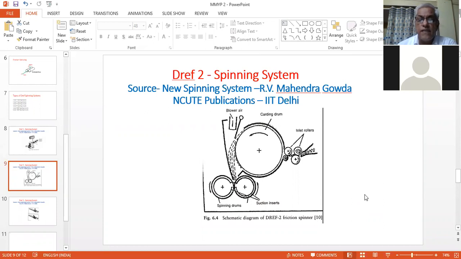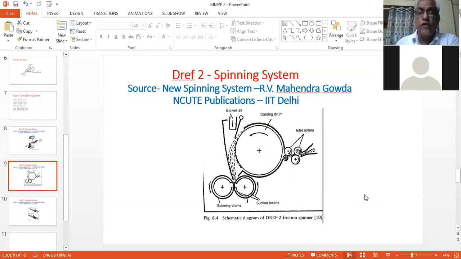So in this spinning system, we are feeding the slivers. In this diagram from the right hand side, you can see there are inlet rollers which ensure the feed of the slivers to the carding drum, or you can say opening roller.